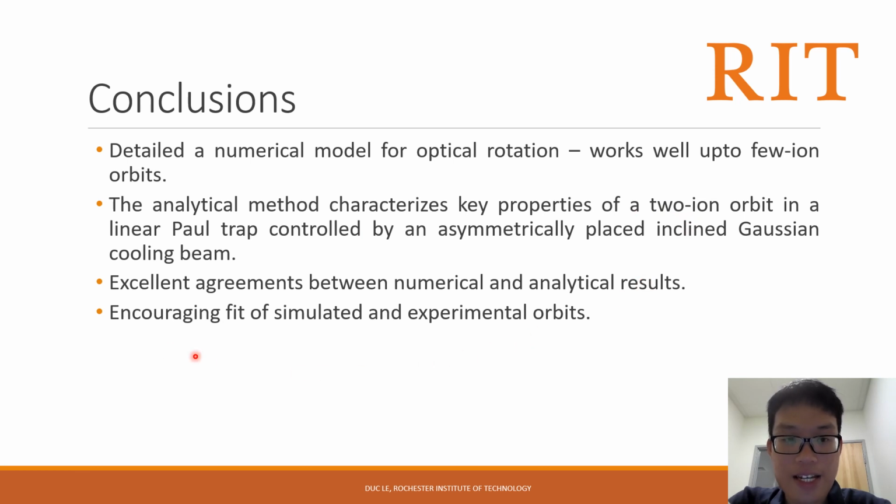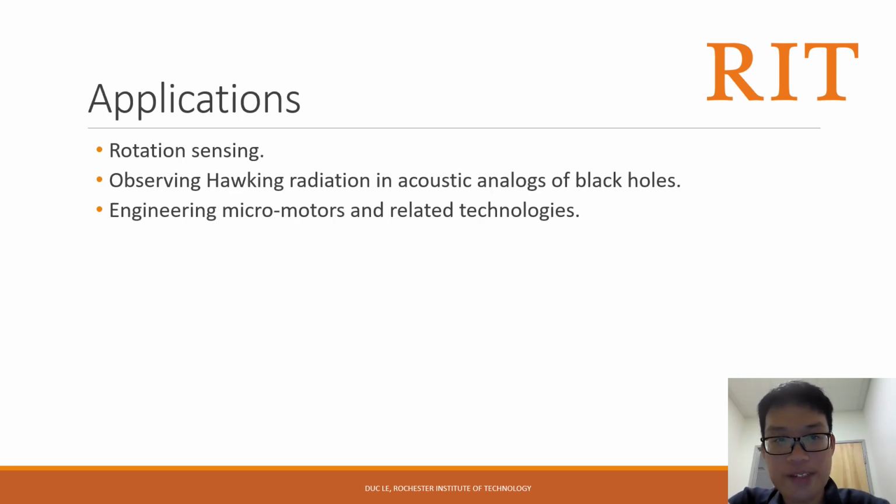And the fit between the numerical and experimental orbits for complex cases with more than 2 ions was also very encouraging. And we expect our research to find use in a wide variety of fields, including rotation sensing, observing Hawking radiation in acoustic analogs of black holes, and also to engineer micromotors.